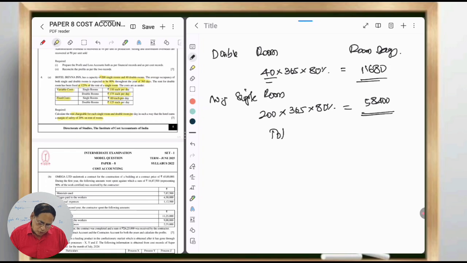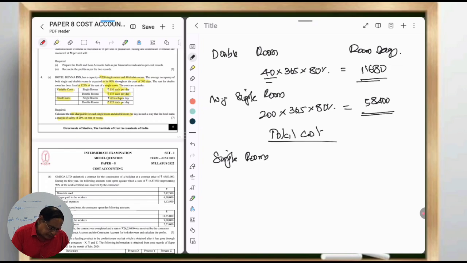So what is the total cost? We have to find out. The computation of total cost. Single room, how much is the variable cost? Actually, the variable cost for single room is 110 rupees each per day.